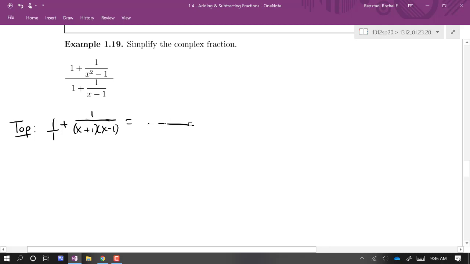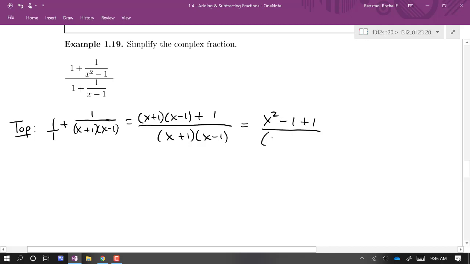So we've got x plus 1, x minus 1, plus 1 over x plus 1, x minus 1. We'll expand the top, x squared minus 1 plus 1, which is just x squared over x plus 1, x minus 1. So that's the top.